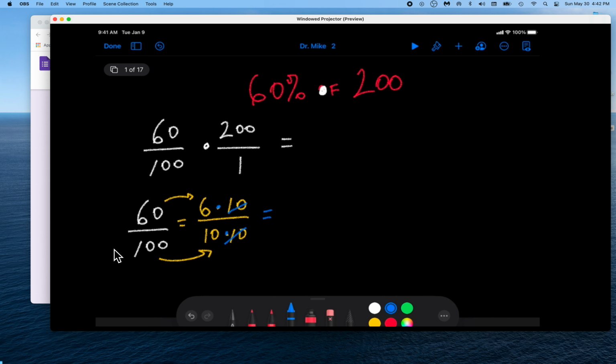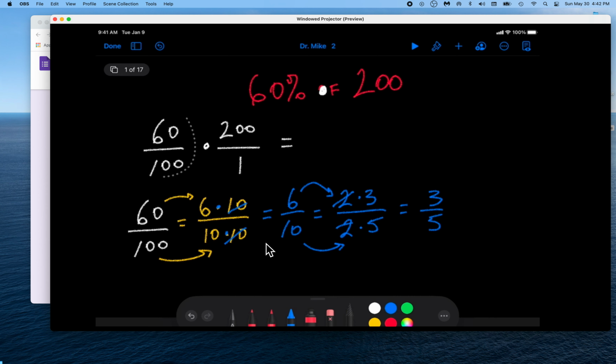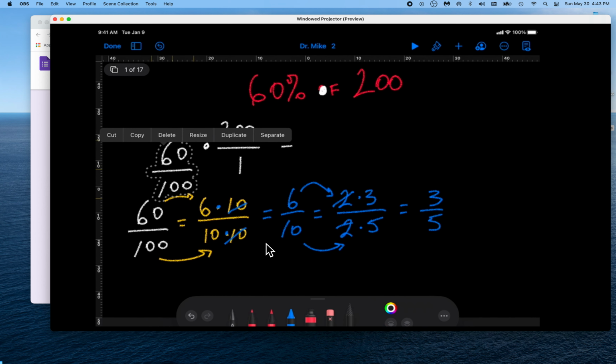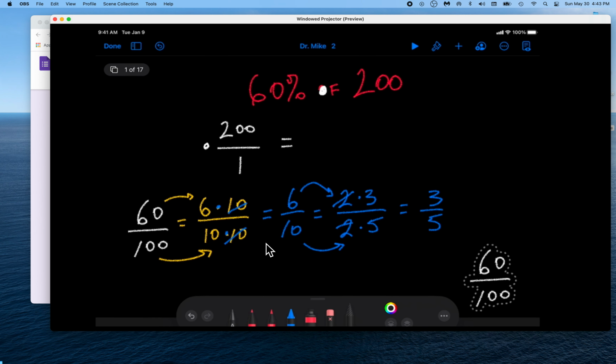Now, let's break down 6 over 10. Break down the smaller one first. Ask ourselves, are either of these factors within 10? Answer yes. 2 times 5 is 10. Cross out the 2. So we now have 3 over 5. So I'm going to take this 60 over 100, and I'm going to replace it with 3 over 5.